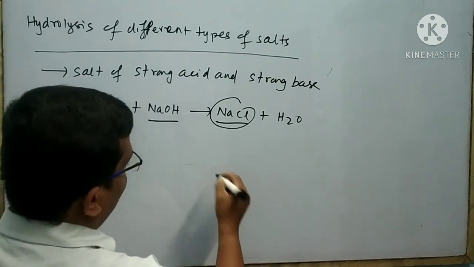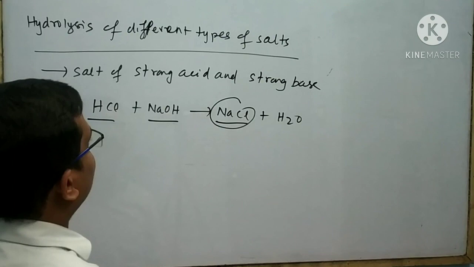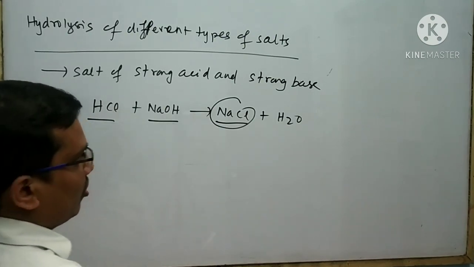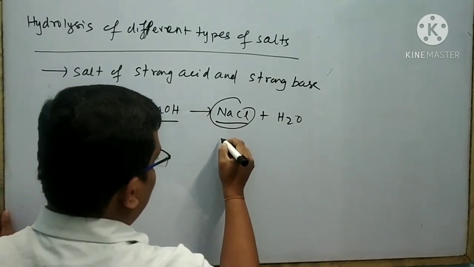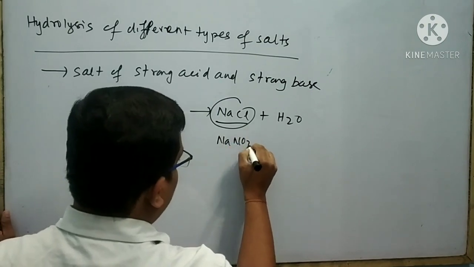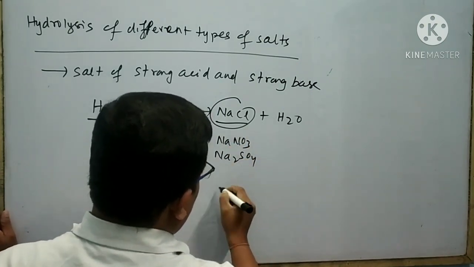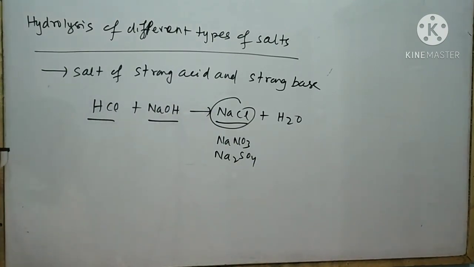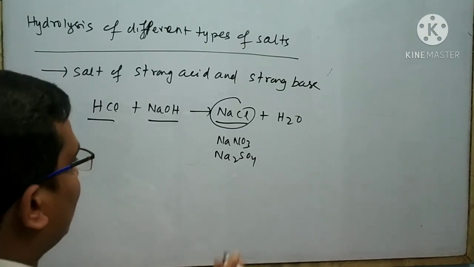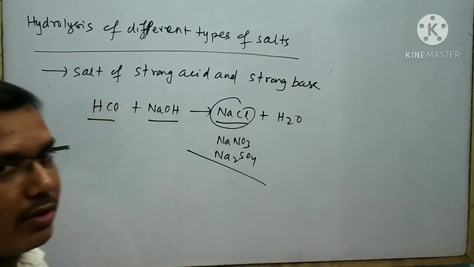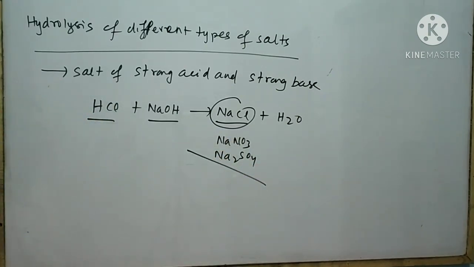Like that, you can also think about other examples of salt of strong acid and strong base. These are NaNO3 and Na2SO4. These are examples of salt of strong acid and strong base because they are formed by the reaction of strong acid and strong base.